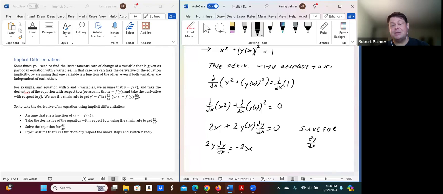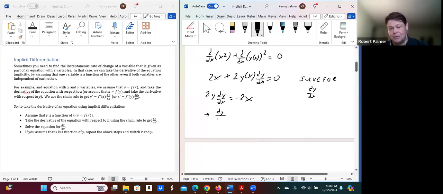Then divide both sides by 2y. And finally, we get that dy over dx is equal to negative x over y, because the 2's cancel out.